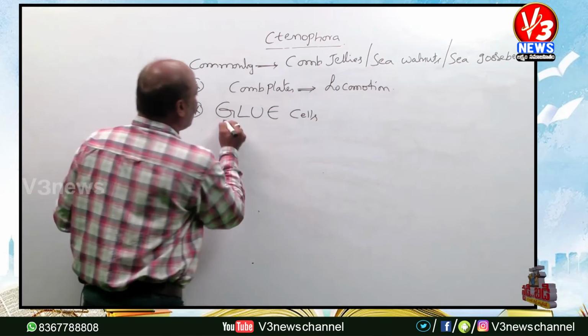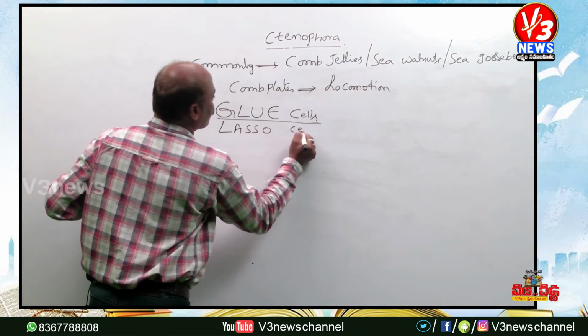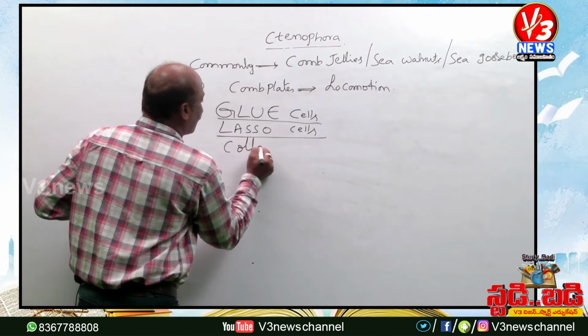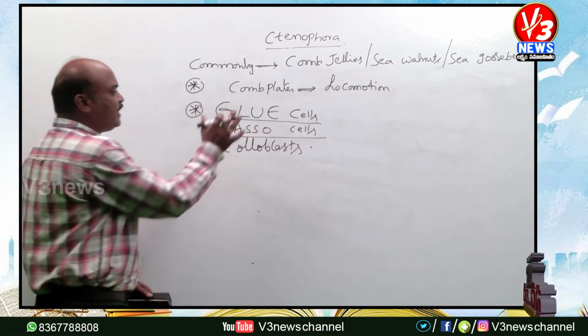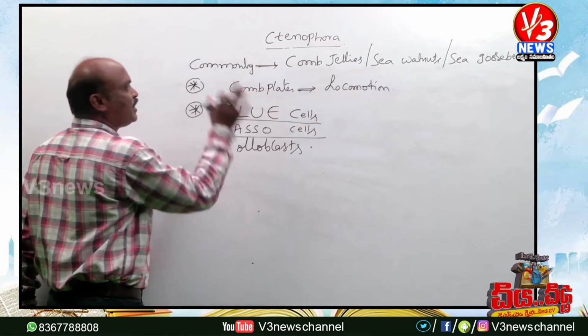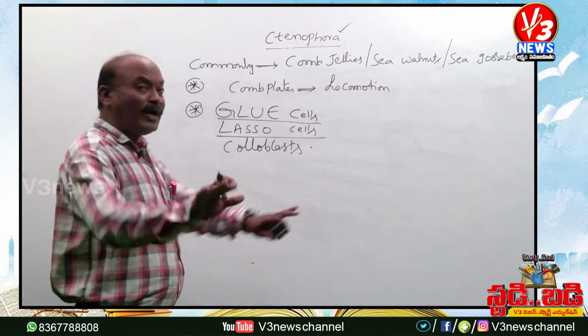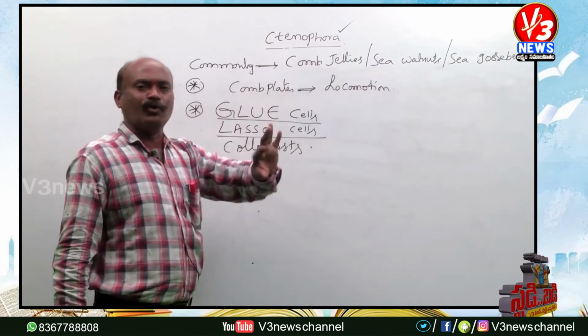They are otherwise called lasso cells, and otherwise called colloblasts. So these are the special cells present only in ctenophores. But what is their function? How are they useful for ctenophores?